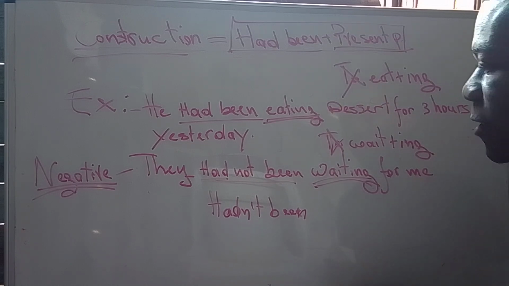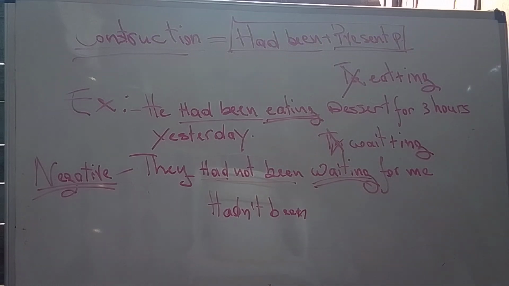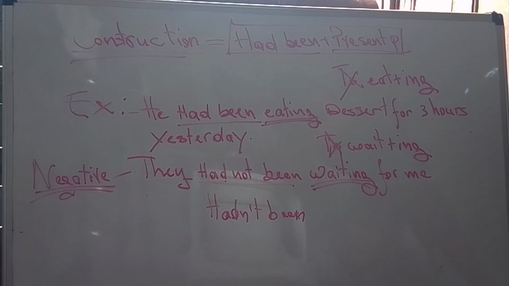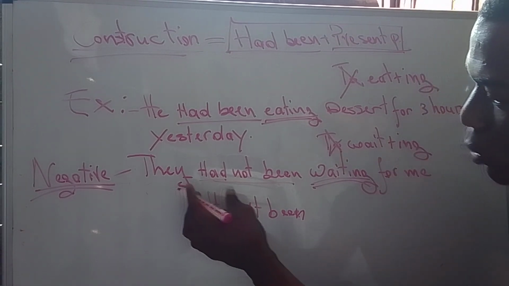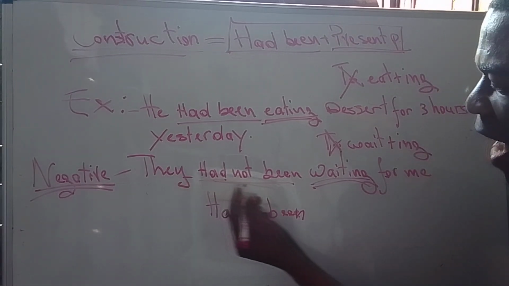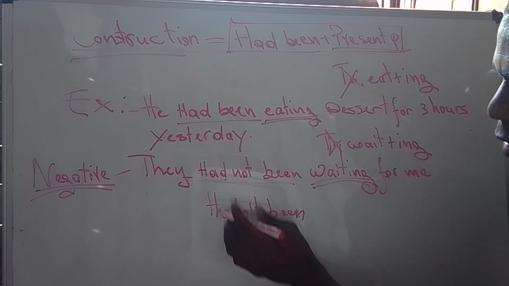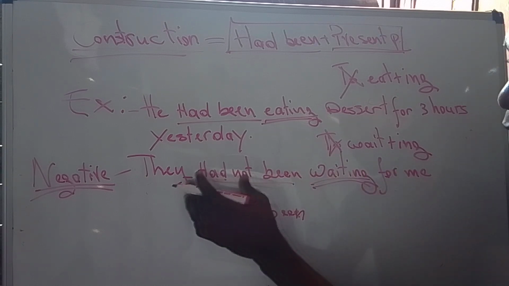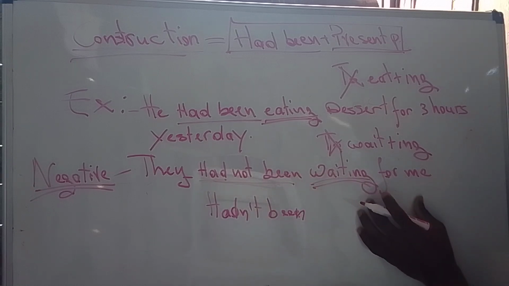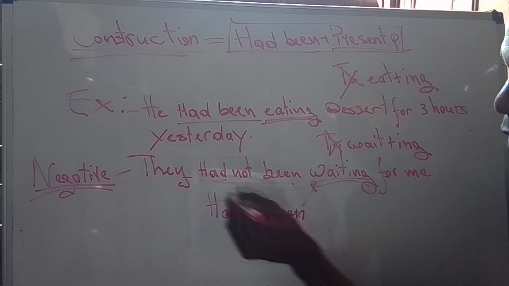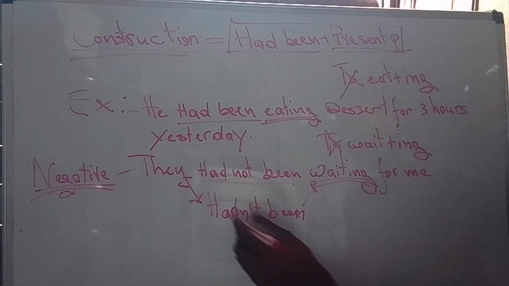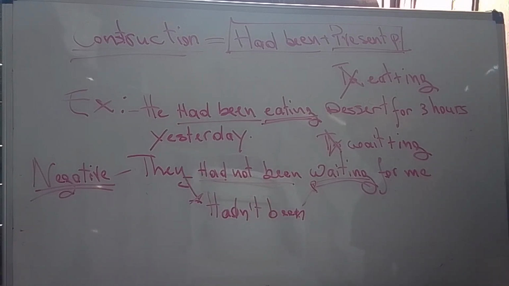Make sure you understand. That's really important to know in English. They had not been waiting for me, or they hadn't been waiting for me. That's the same thing, guys. Okay? So make sure you understand.